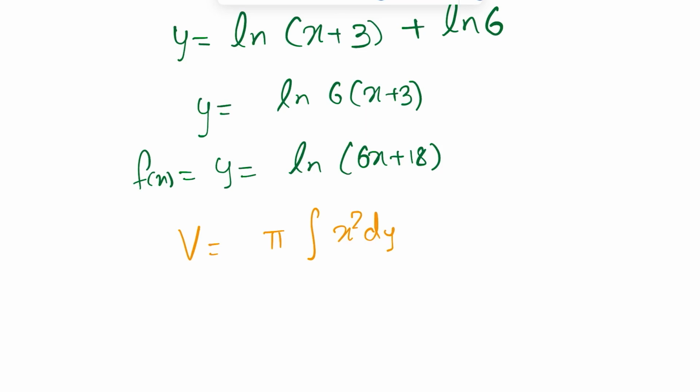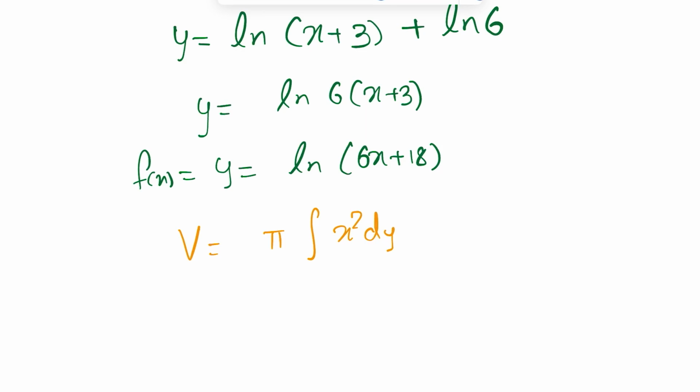So what am I going to do? I am going to draw the graph of y equals ln of 6x plus 18. That should give you an idea of how to proceed further. I take the calculator and draw the graph for ln of 6x plus 18, not ln x. So look carefully, it should be ln of 6x plus 18.